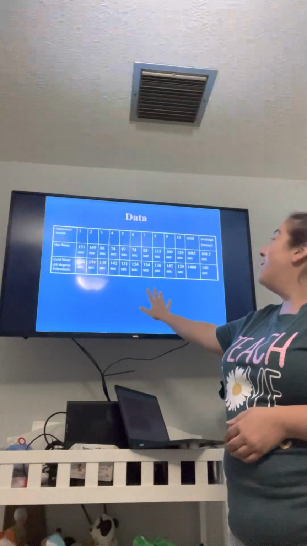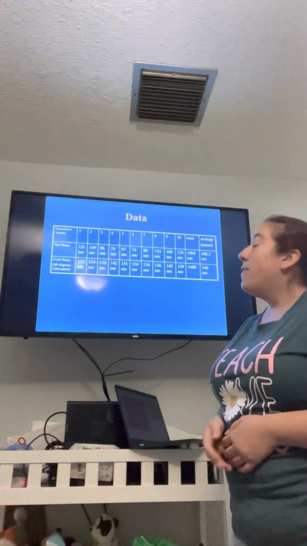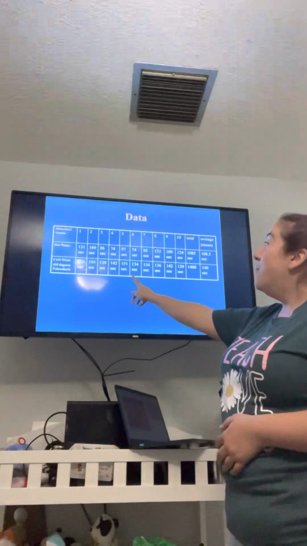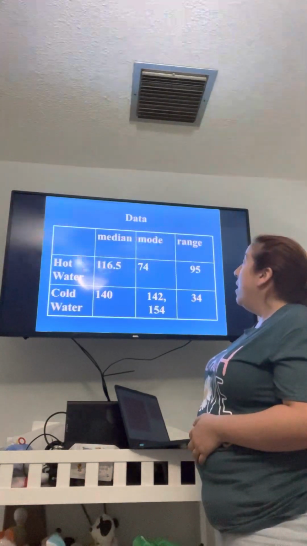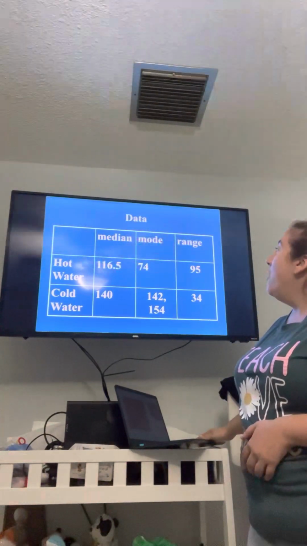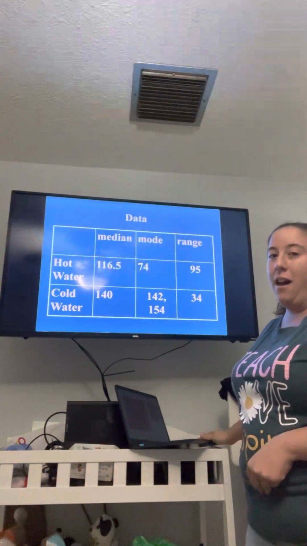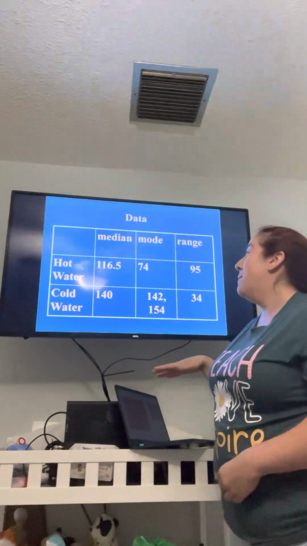I started collecting my data and I realized that the data did support my hypothesis that hot water actually reached boiling point faster than cold water. With my data, you can see that the range was 95 between the longest that it took the hot water to boil and the shortest amount of time.